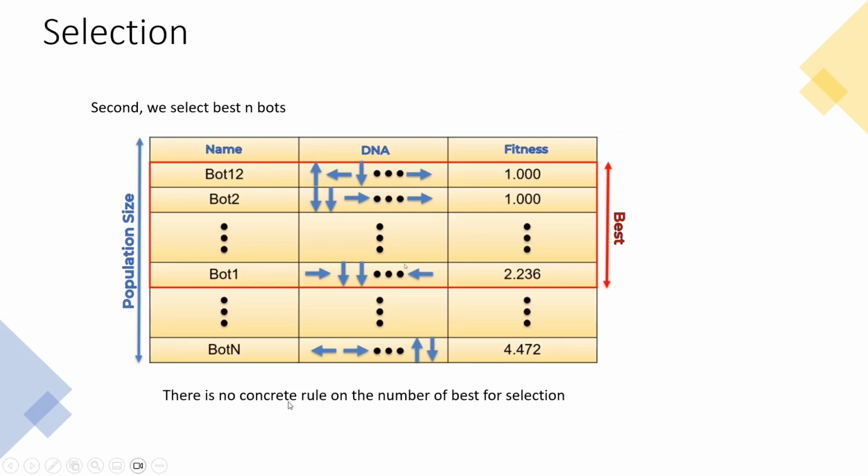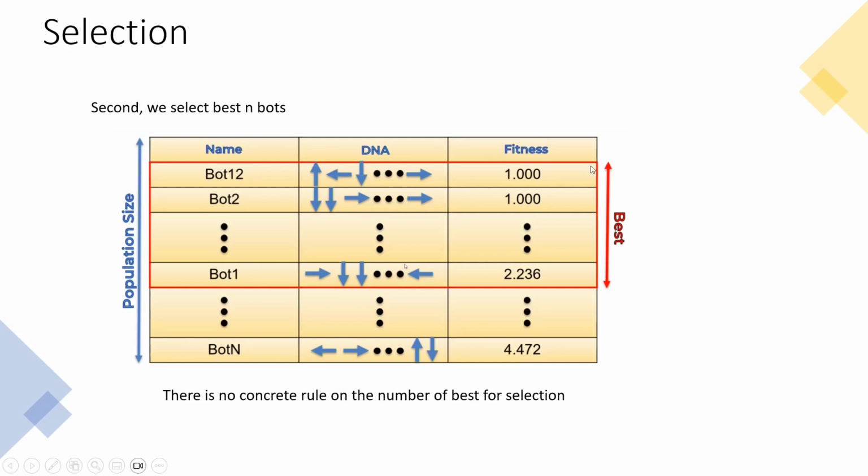There is actually no concrete rule for selecting the best out of your current population. Usually we use half of the best performing bots of the current population, and we transfer that half to the next generation. But there is no such rule.